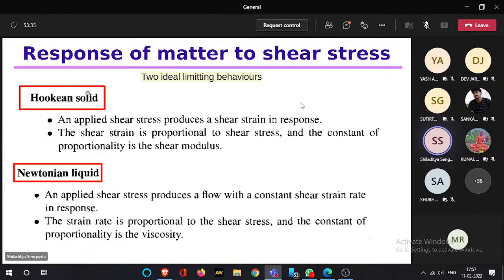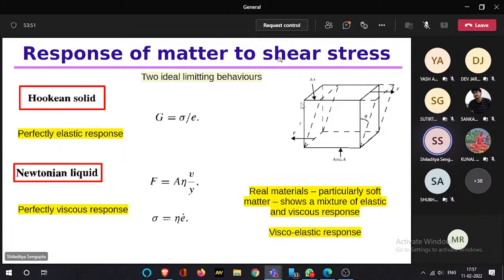This is a solid which follows Hooke's law, which basically means that if you apply some force, or rather stress, which is force per unit area, of a particular type called shear, it deforms. This is an example of how we apply the force: we are trying to deform the shape of the object.